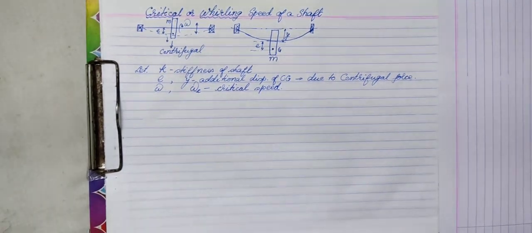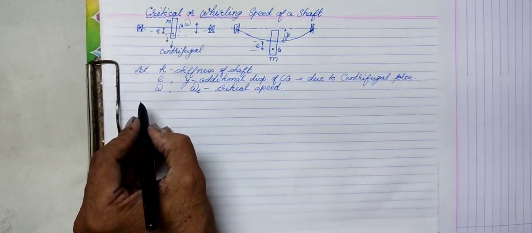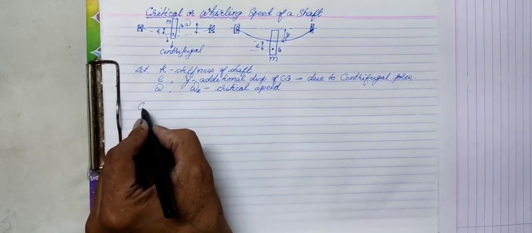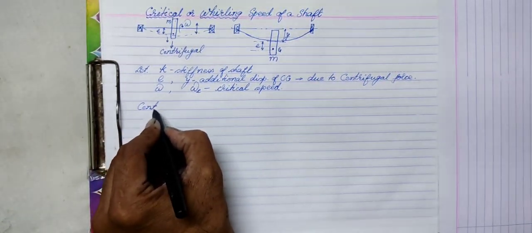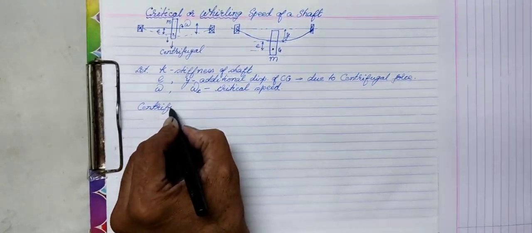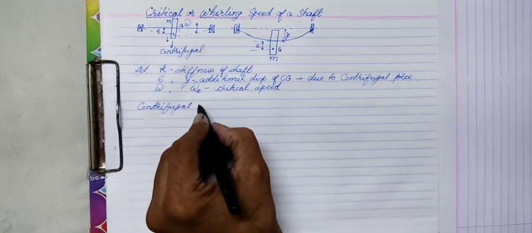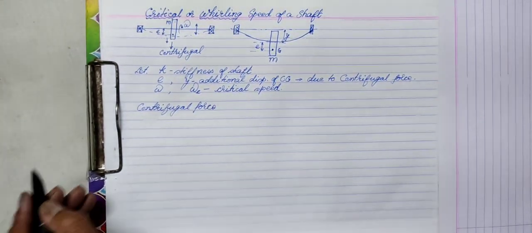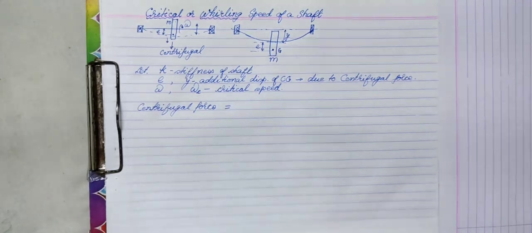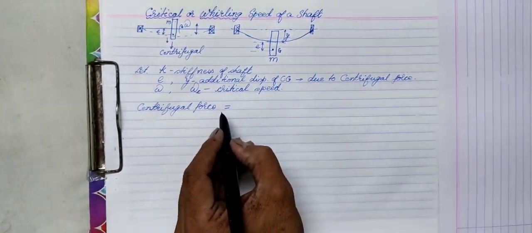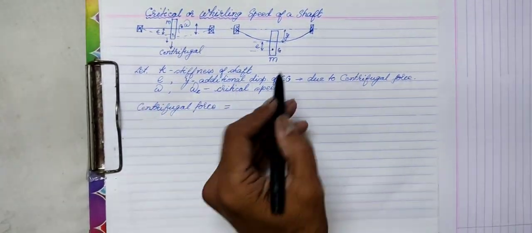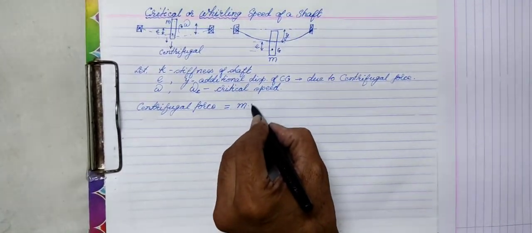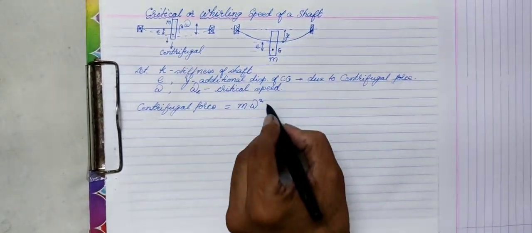Right? So now the centrifugal force which is causing the deflection, what will it be equal to? We say that the magnitude will be m omega square r, where omega is the speed.